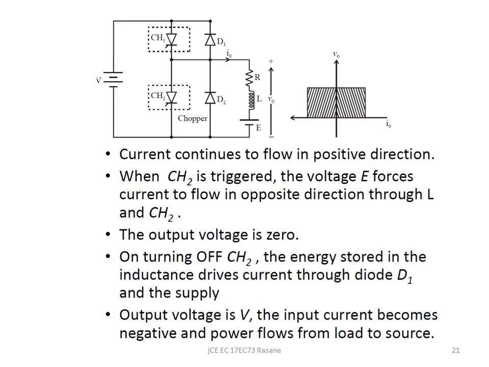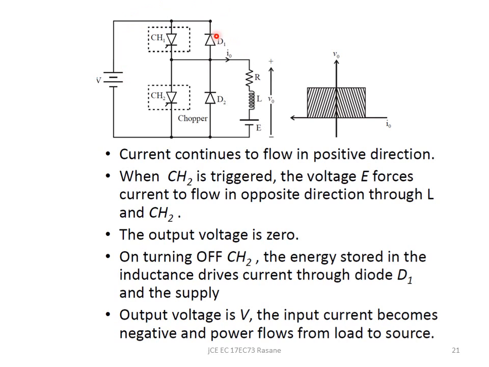So when the current continues to flow in the positive direction, when chopper 2 is triggered, now this is class B. When this is triggered, the voltage E forces current to flow in the opposite direction, in this direction, through the L and chopper 2. The output voltage, obviously, because the chopper is connected in parallel with this, is 0. On turning off this particular chopper, the energy that is stored in the inductance drives the current through the load, D1 and the supply.